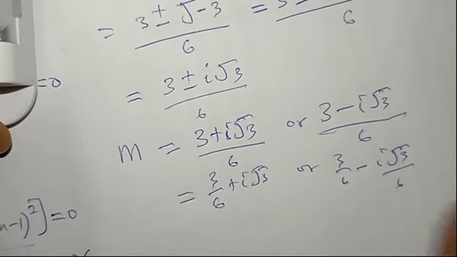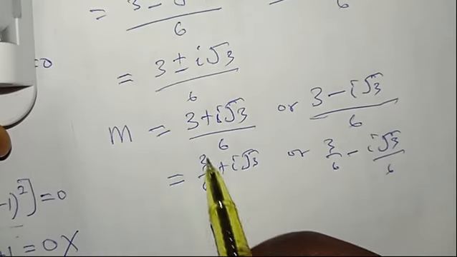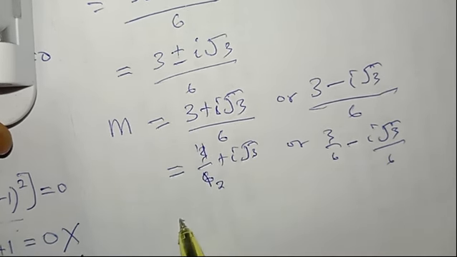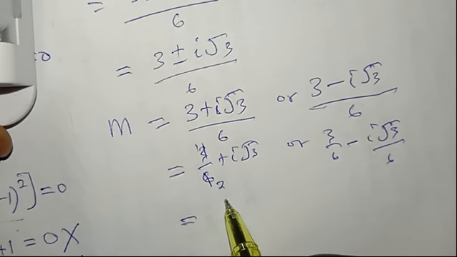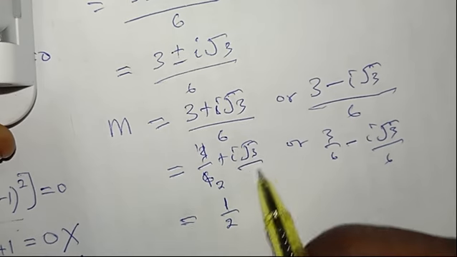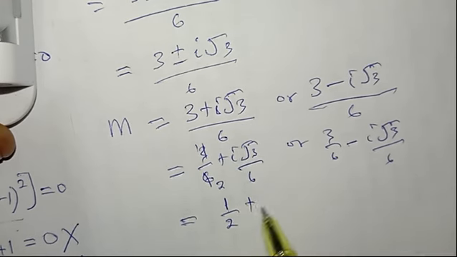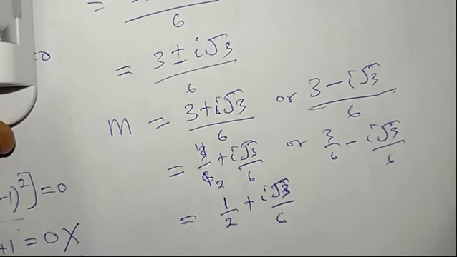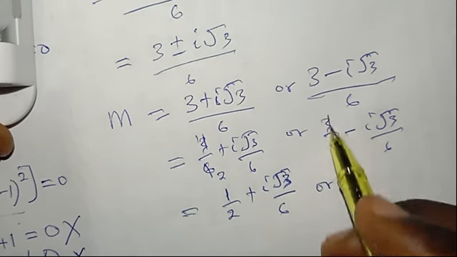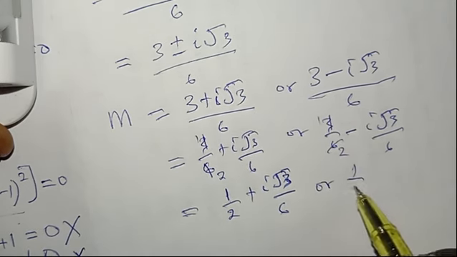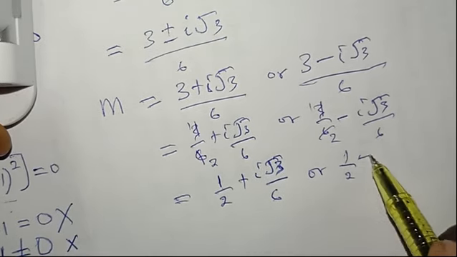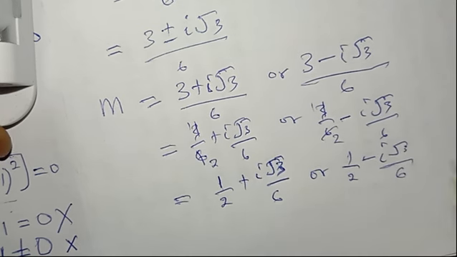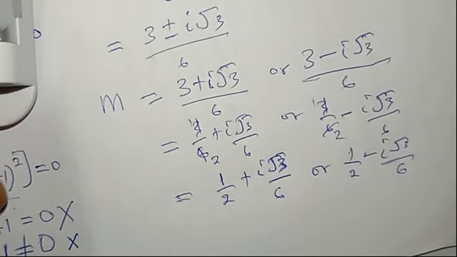So you can also divide the 3 by 6 to give 1 over 2. So m eventually becomes 1 over 2 plus i root 3 divided by 6, or 1 over 2 minus i root 3 divided by 6. So these are the two values of m we are getting right here.